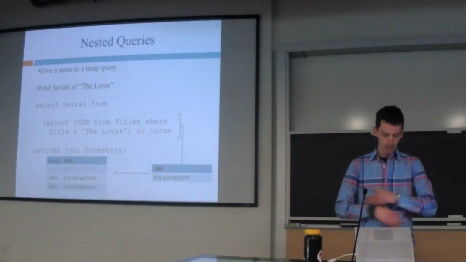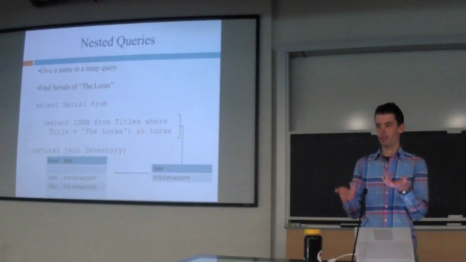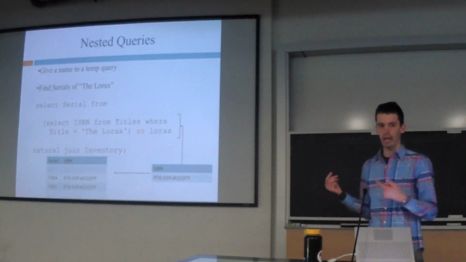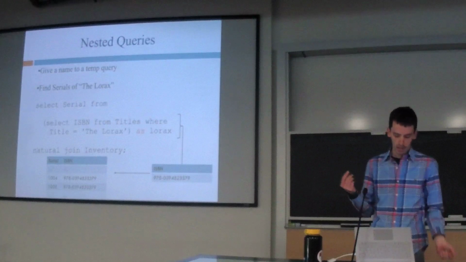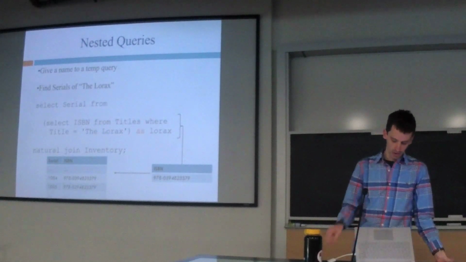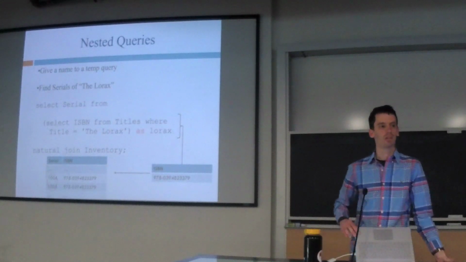Natural join that with the full inventory. So it's just going to say, all right, there's an ISBN column in common. It'll automatically filter just the ones with that ISBN. Then that top part, the select serial from, is going to project it down to just the serial numbers.